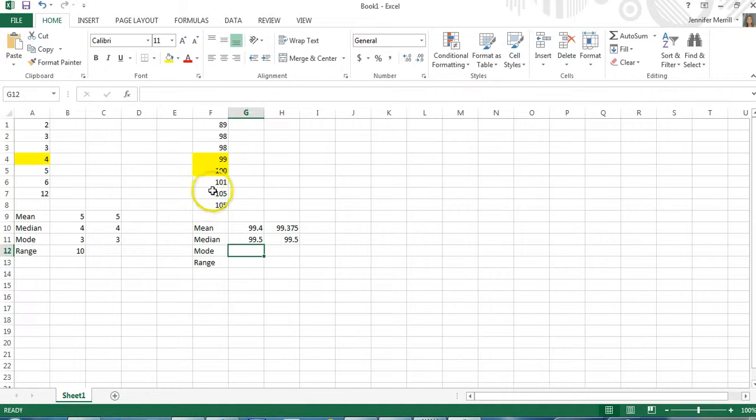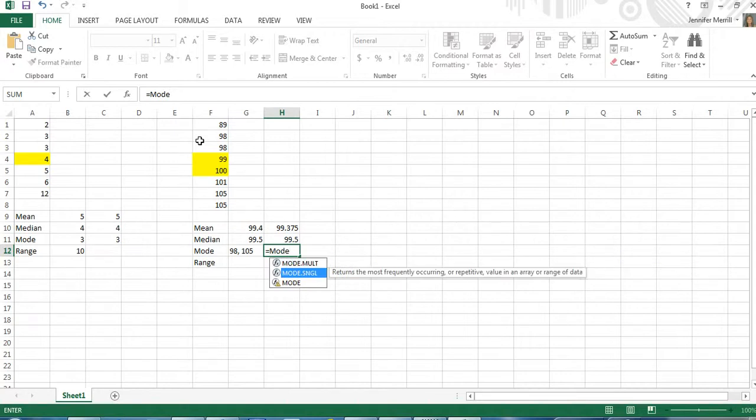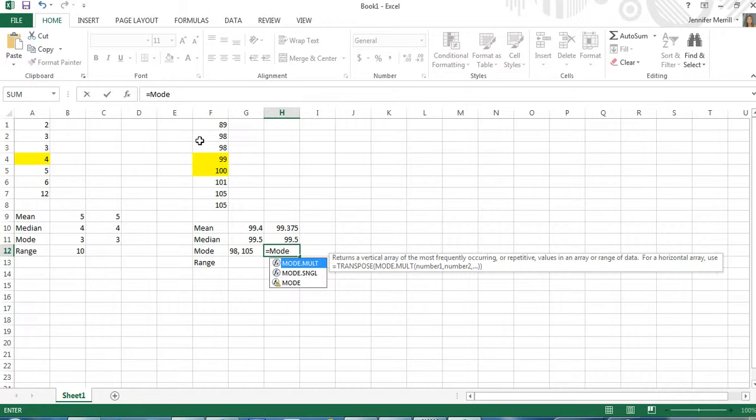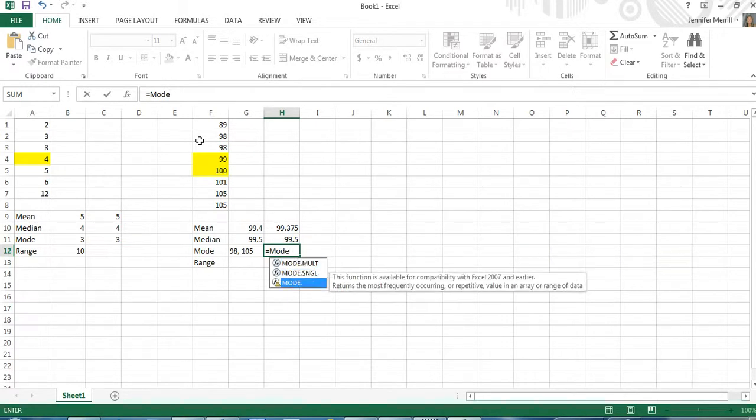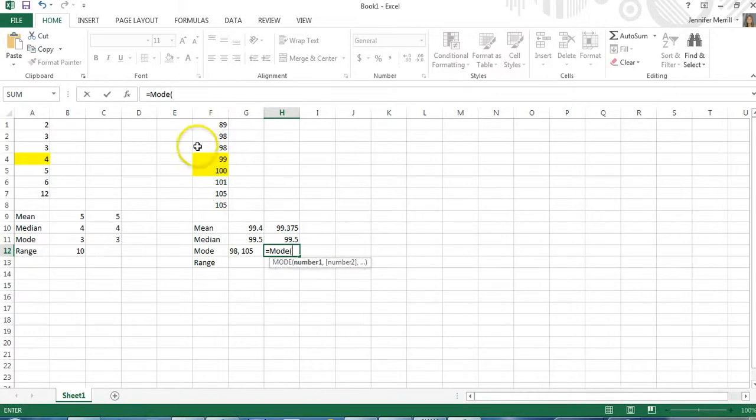The mode, you need to see which ones occur the most. We have 98 and 105. And in this case, if I put in mode, there's one for multiple and singular. Okay. I'm just going to go ahead and type in mode parentheses, and then I'm going to highlight that data and close it.